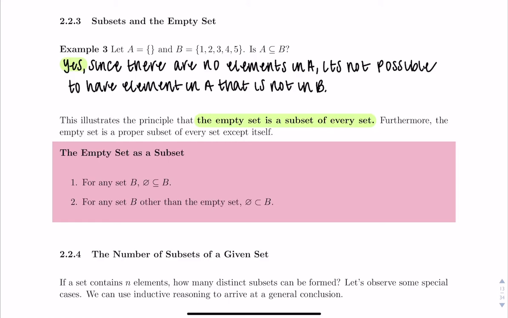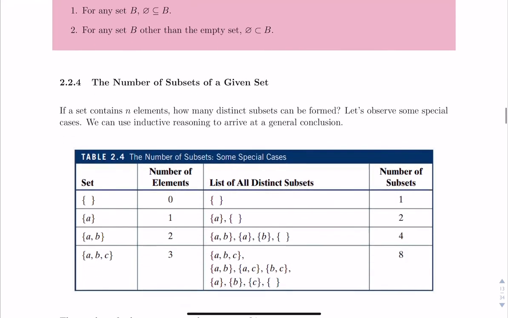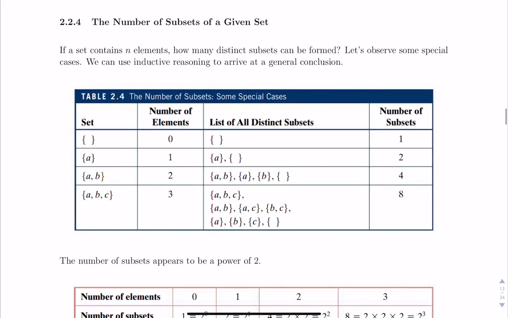So the number of subsets of a given set. If a set contains n elements, how many distinct subsets can be formed? So if we look at the empty set, we have 0 elements, and there's only one subset, which is the empty set itself, and so we only have one of them. If I have set A, I have one element, and I will have the original set and the empty set, which gives me 2.